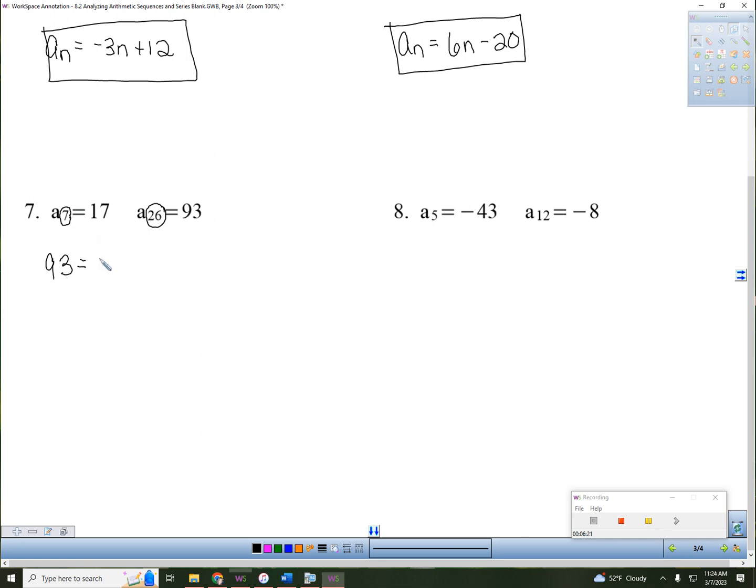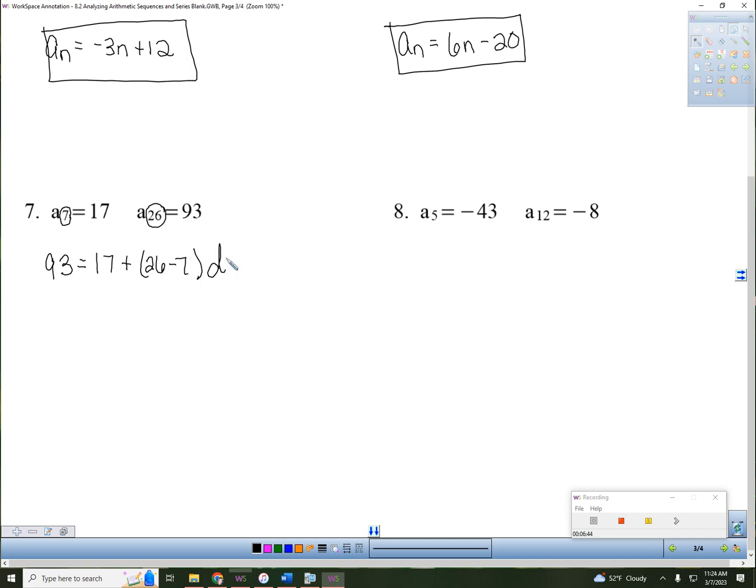And then in place of where I normally put my first term, I'm going to put the 17. Now the reason I did that is because in this parenthesis, it's normally n minus 1. So if this is a bigger term, then this one I can avoid a negative. So this is the 26th term minus the 7th term times d.